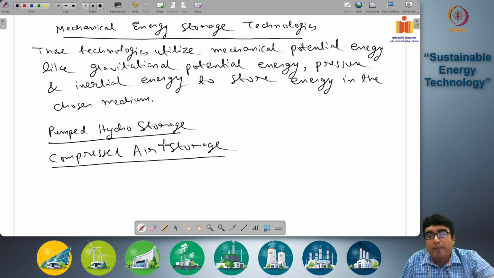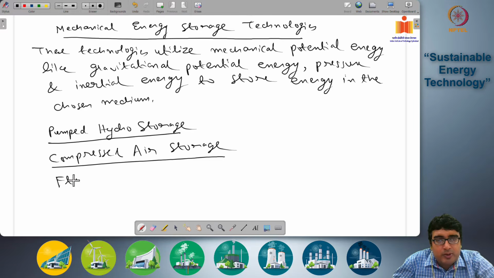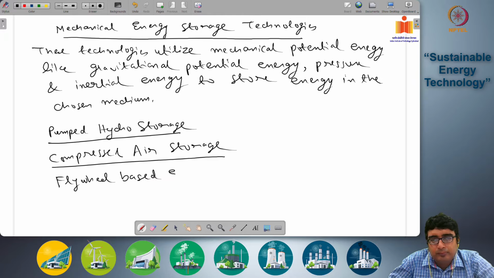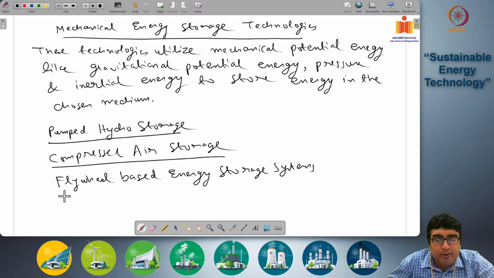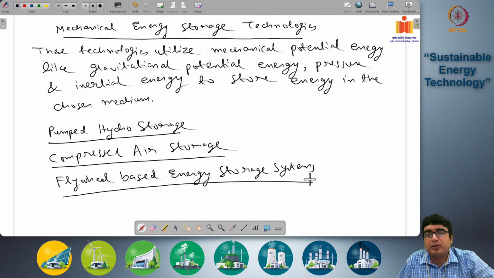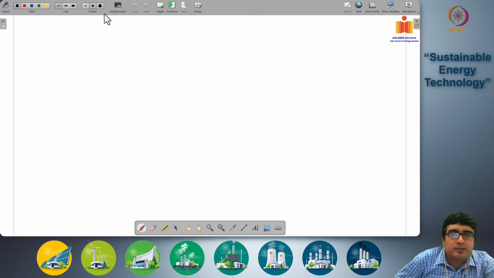So these are storing compressed air and using it to generate energy in a way that we will discuss in probably this class only. Then comes flywheel based energy storage systems. So we will discuss what flywheel based energy storage systems is in the subsequent classes. So first let us look at pumped hydro storage systems.